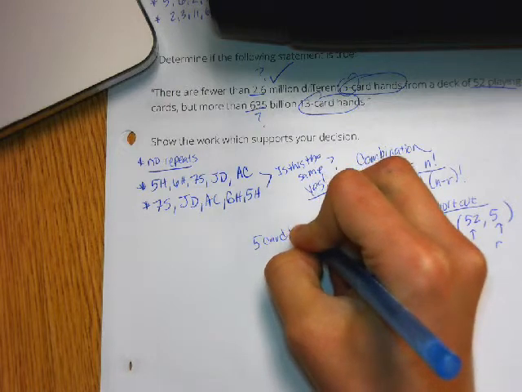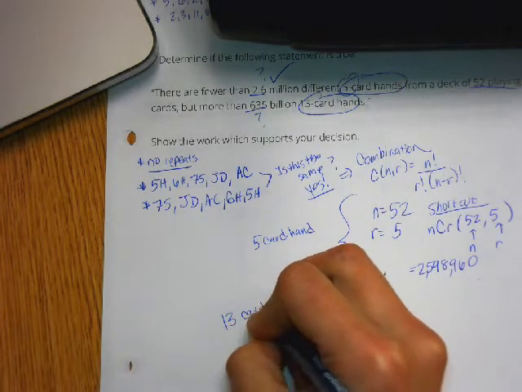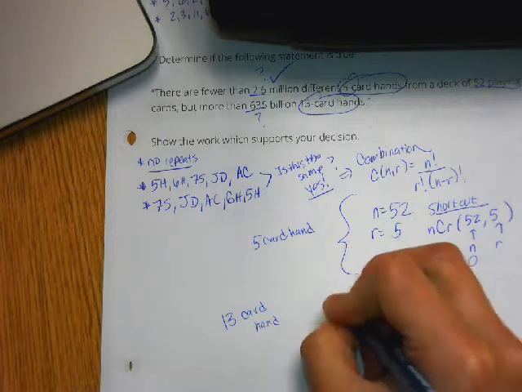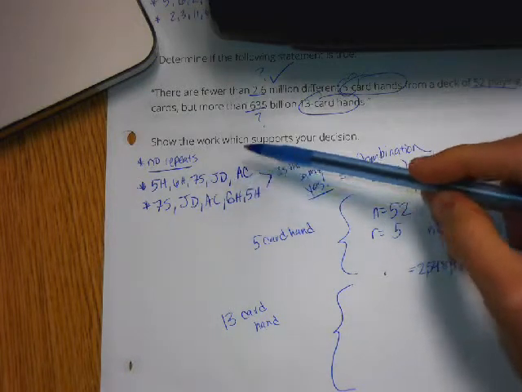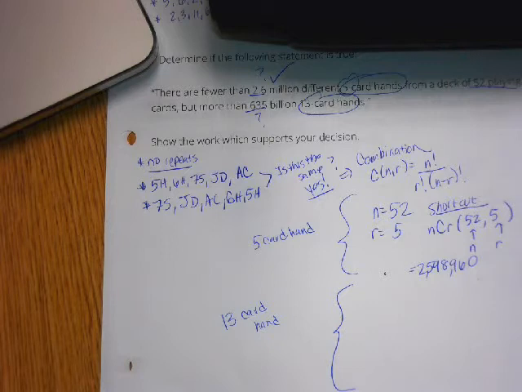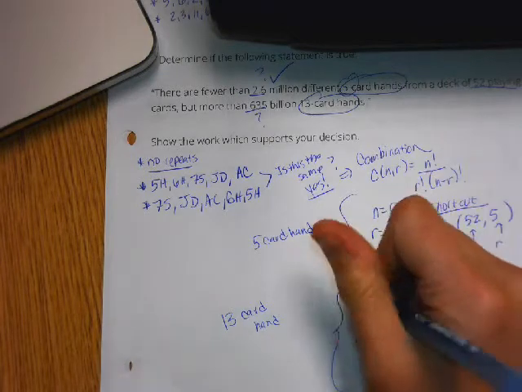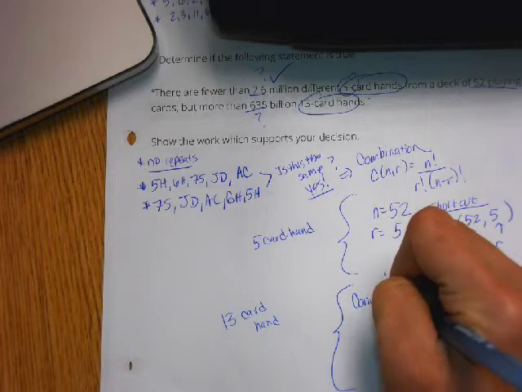Let me do the same thing for a 13-card hand. So again, this is for the 5-card hand. Now I'm going to do it for a 13-card hand. I don't want to write down 13 cards, but it's the same example.